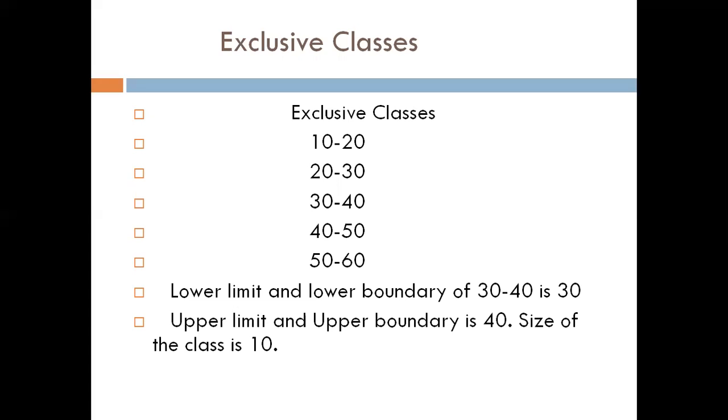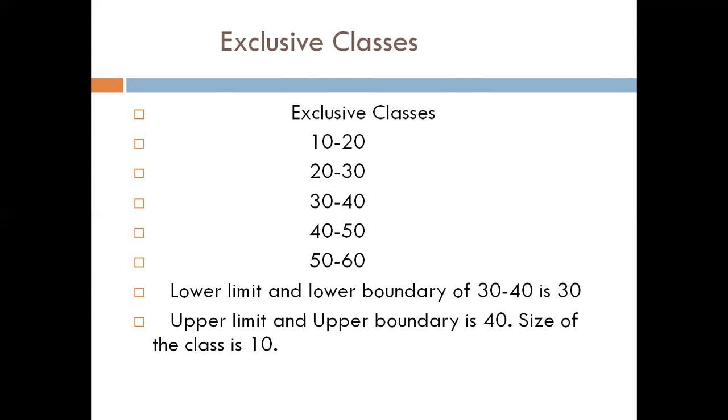Excluding 40 you get exactly 10 numbers, so the size of the class is 10. You can check 20, 21, 22, 23, 24, 25, 26, 27, 28 and 29, because 30 is not included in this; 30 is included in the third class interval. I hope you have understood exclusive classes.